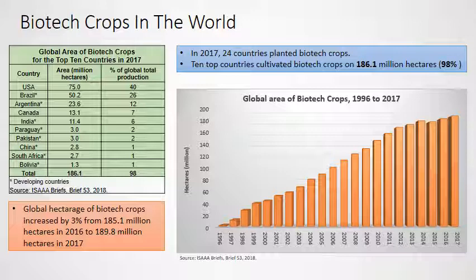There is a table that lists these 10 top countries and their production. And you can see on the graph on the right how the production was growing throughout the years since 1996 to 2017. You can also see how the growth slowed down in recent years.